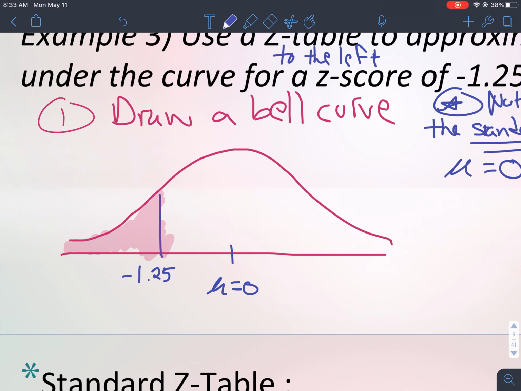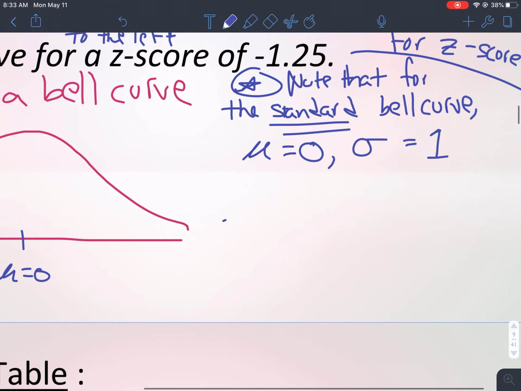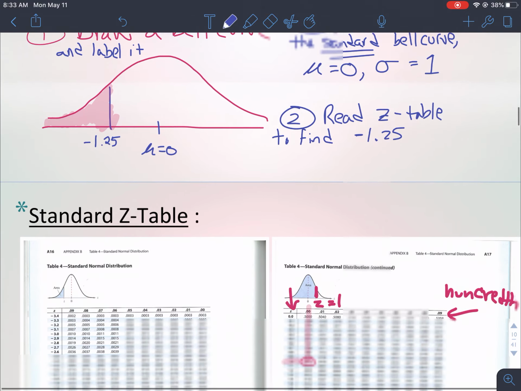Under here. So my first step is going to be draw a bell curve and label. My second step is going to be read the z-table to find negative 1.25.